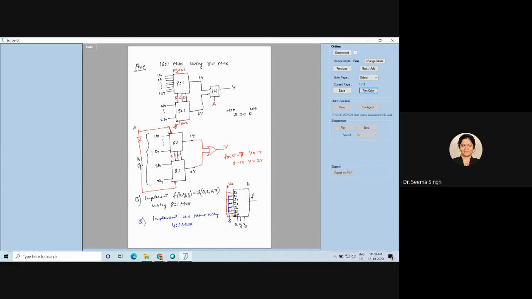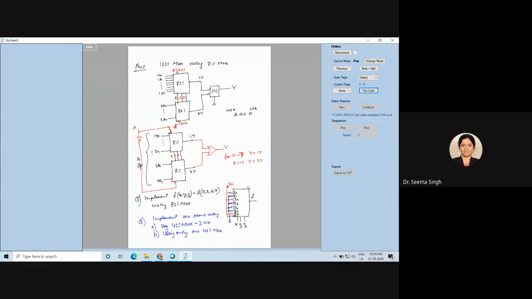You can do this, but again, in that there are two possibilities. Number one is using 2 4:1 muxes. But again, one more possibility is using only 1 4:1 mux. Now here comes the trick.